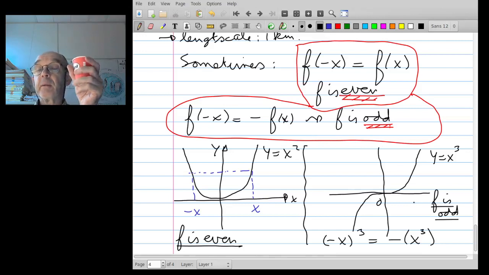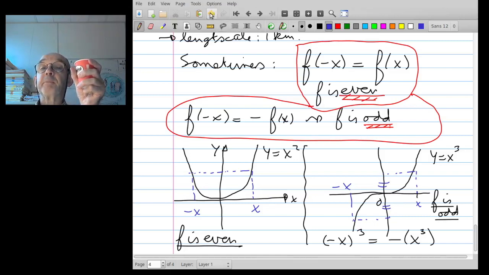So you have here your x variable. Then you have here your function value. And if you have here your minus x, you see here that the lengths of these parts are equal.